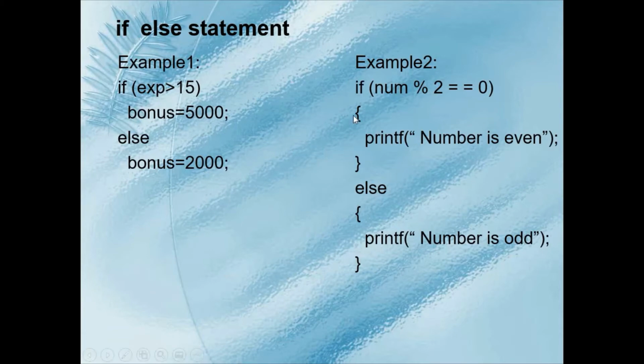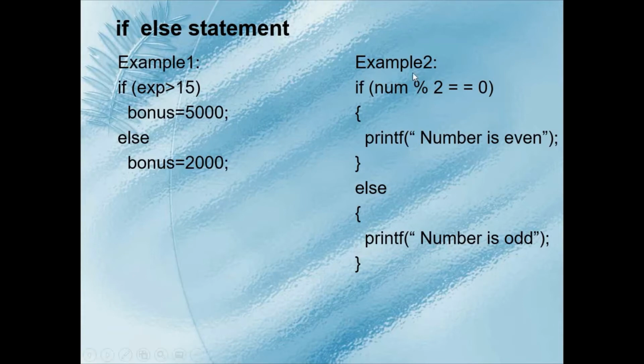In this example, it checks whether the number is even or odd. As we have discussed in previous classes, to check whether the number is even or odd, we check the remainder. If the remainder, when we divide the number by 2, is 0, the number is even, otherwise the number is odd.